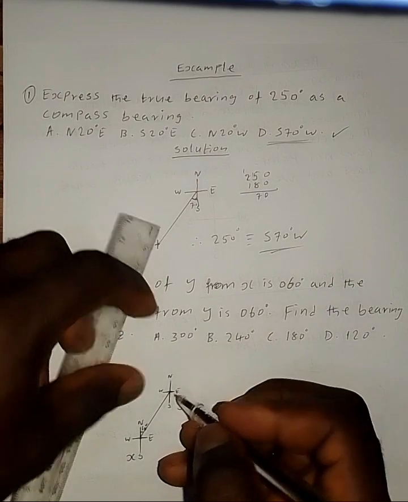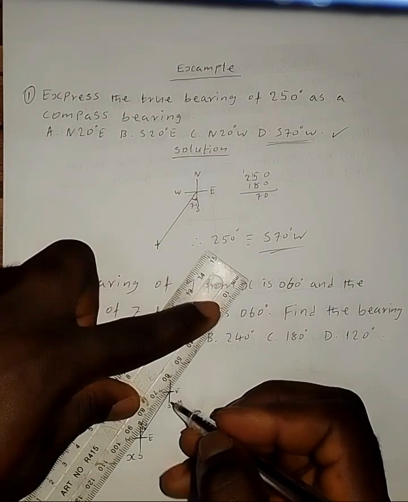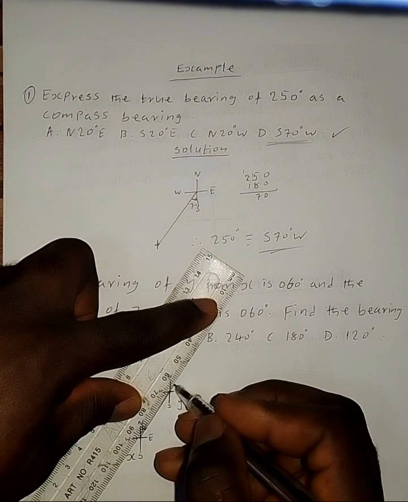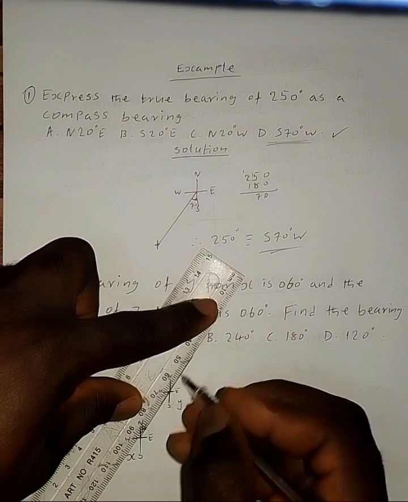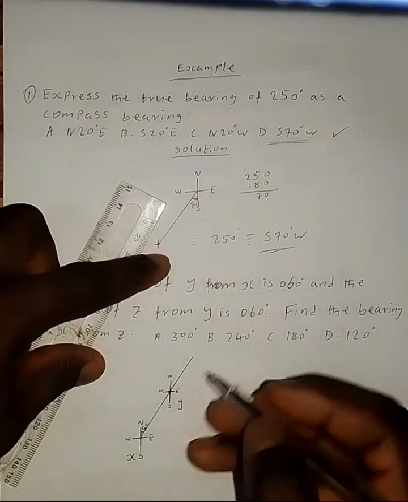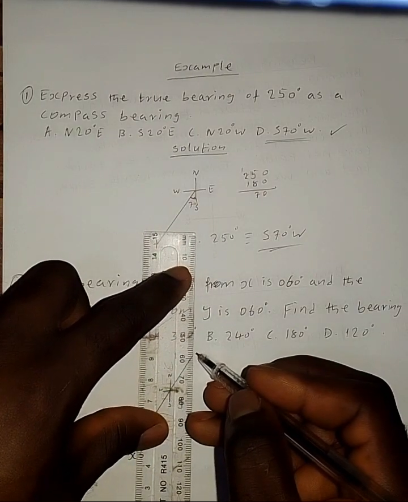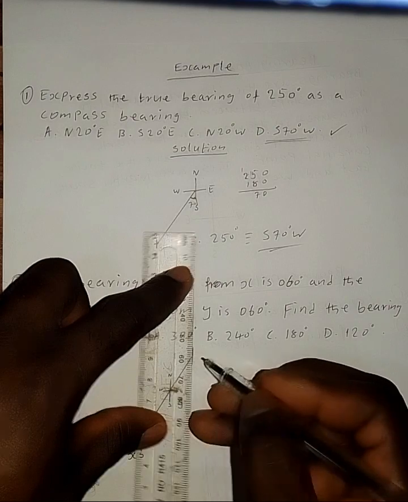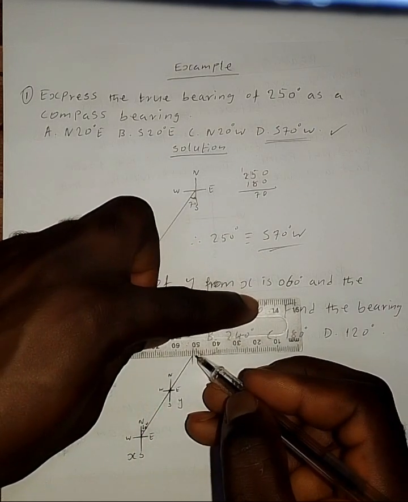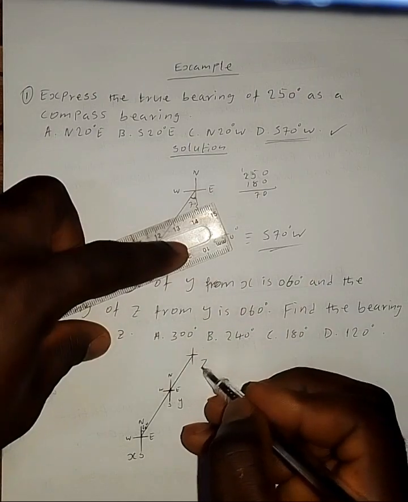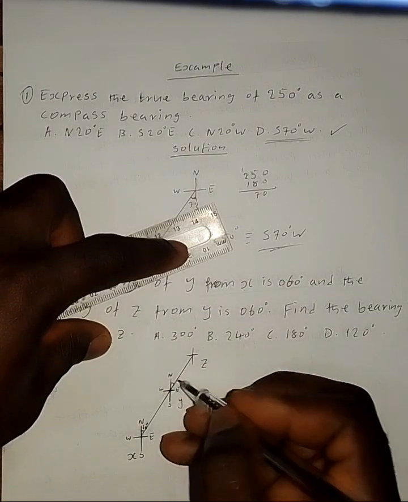So from y, 60 degrees will be on a straight line with the first 60 degrees. This is my z, and this place is 60 degrees.